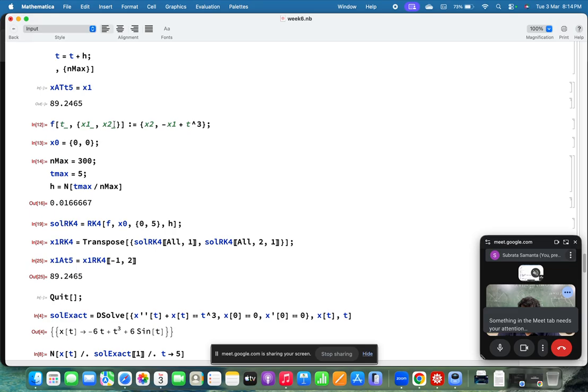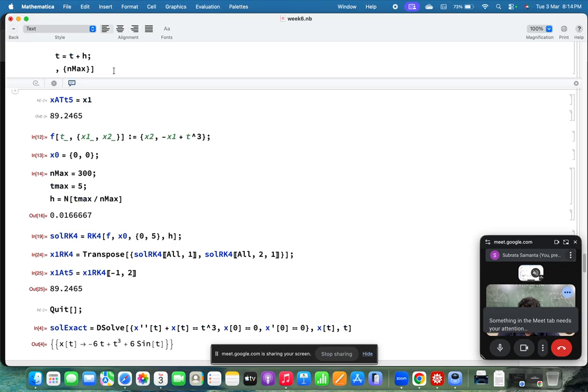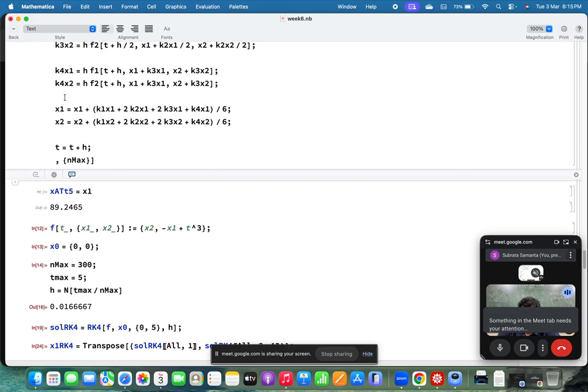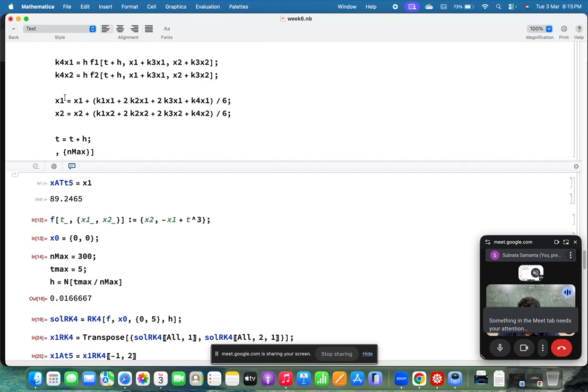So, once you do this, now I calculate x1, the displacement at t equals 5. You just extract the last values of x1 from this loop.